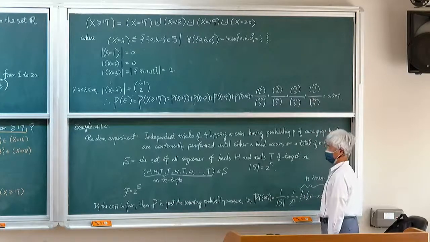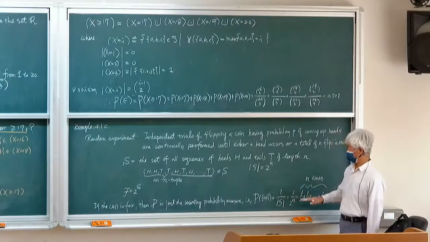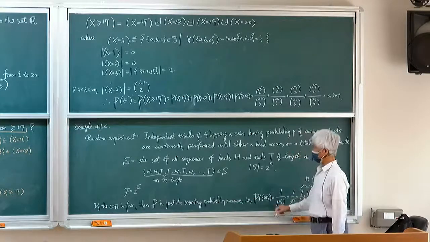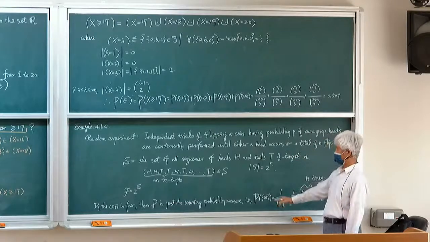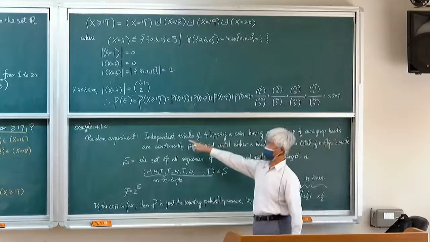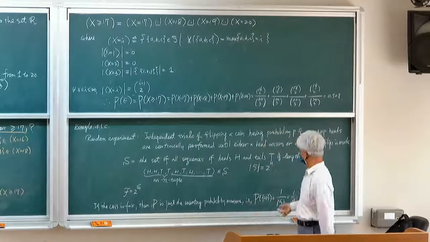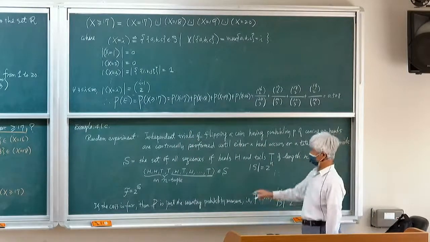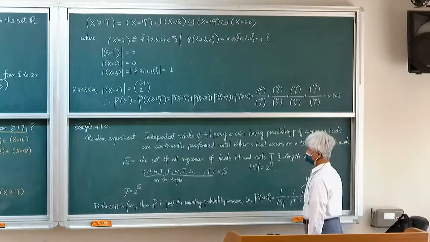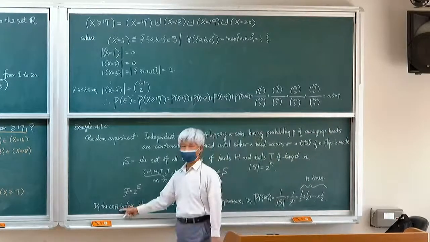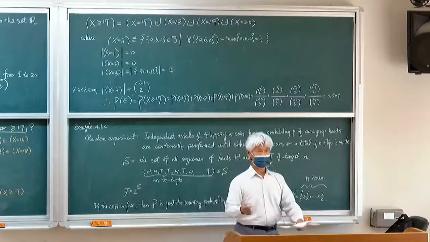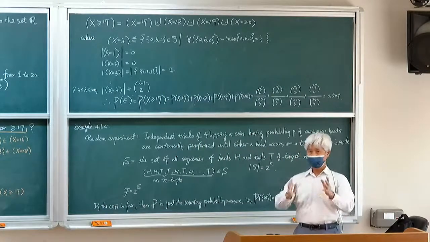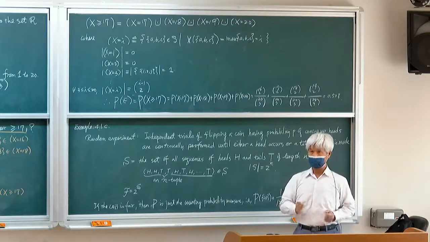All right, you have built that, and for the counting measure we impose independence on different trials. So that's why we have half, the half is because we have a fair coin, so the head and the tail will show up equally probable.